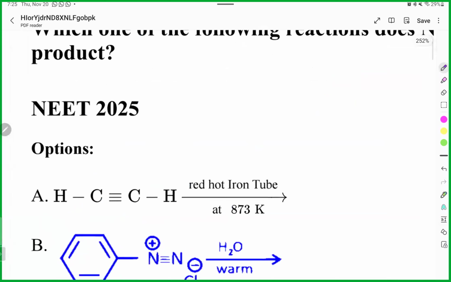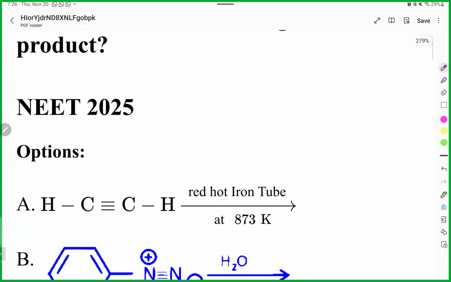What is the product in first reaction? Barinder. Alkyne in red hot iron tube at this temperature. Barinder. Benzene. Benzene. Exactly.